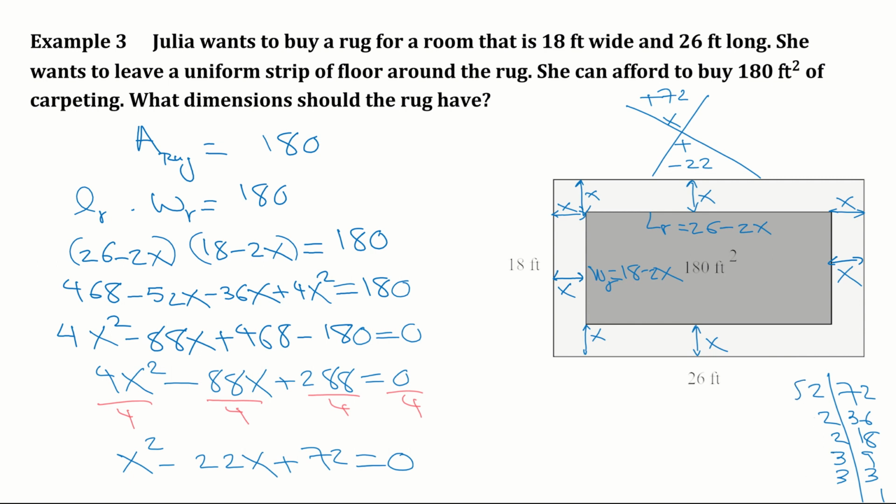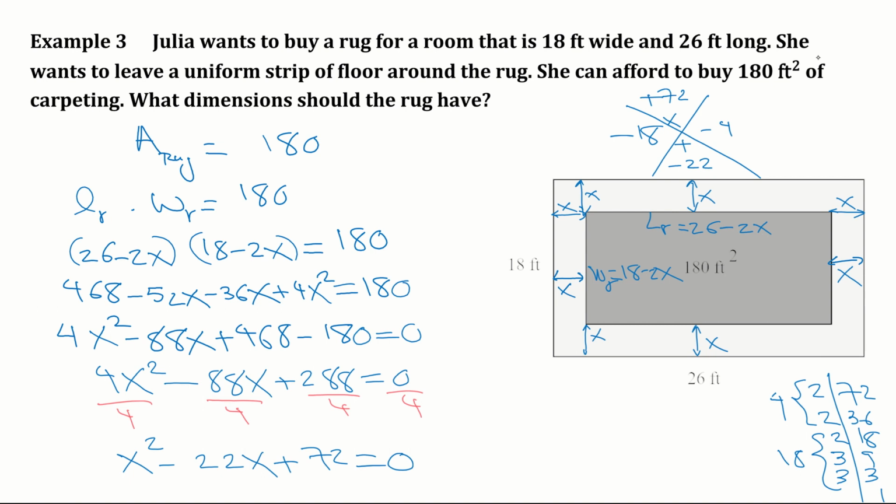If we multiply those two, that's 4, and these 3 gives us 18. That looks to be a winner, and they're both going to be negative because we want the product to be positive, but the sum to be negative, right? The only way that can happen is if they're both negative. Notice that the sum is negative 22 and the product is positive 72.